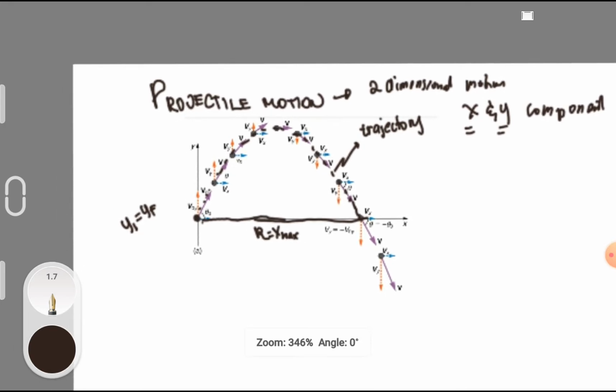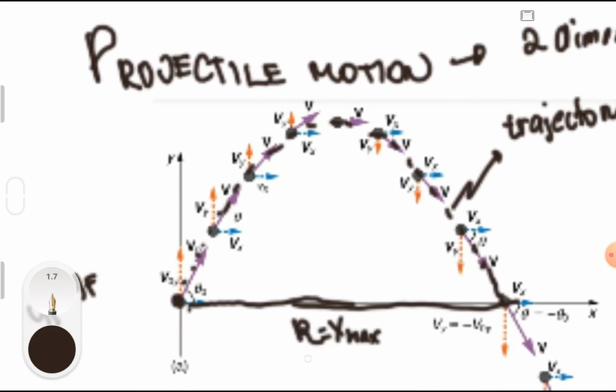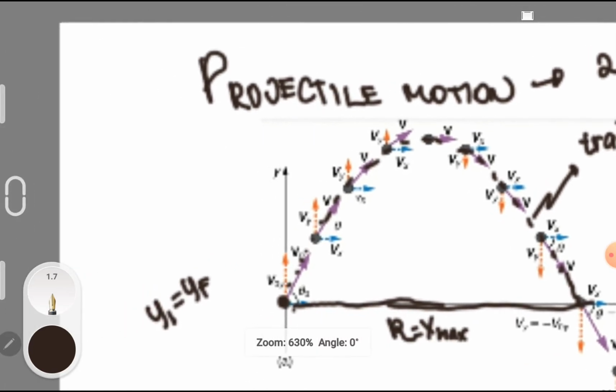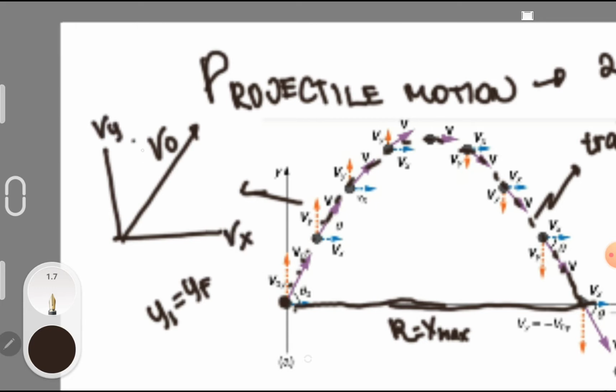If you would break down every component of a projectile motion, let's say I have my velocity, this is our velocity V. And then, the components of Vo, we have our Vx and our Vy. Of course, your angle. Take note that the angle is the angle where the particle will be thrown or launched.